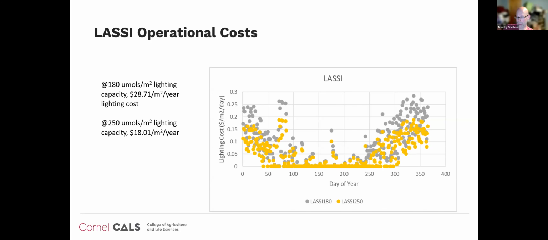However, if they were to increase that to 250 micromoles, they'd be able to take advantage of a lot more of the off-peak pricing, and so the price of operating the system would actually be lower. You would have to install more lights and use more electricity at a certain time to be able to take advantage of that. But overall, you could bring your cost down by hitting those off-peak periods more.